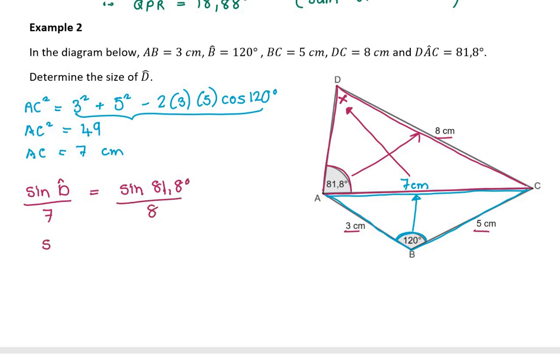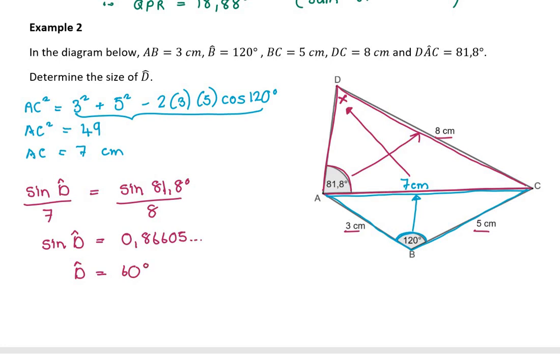So if I multiply by 7 on both sides, I get the fact that sine angle D is equal to 0.86605 and so on. Now I just keep that on my calculator and I do shift sine, and I get an acute angle of exactly 60 degrees rounded to 2 decimal places.